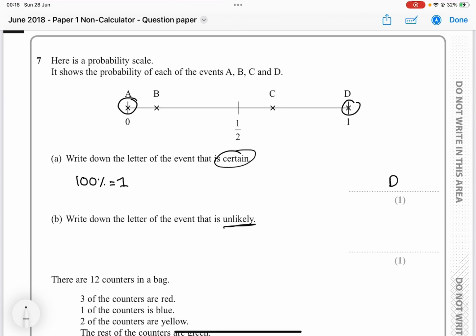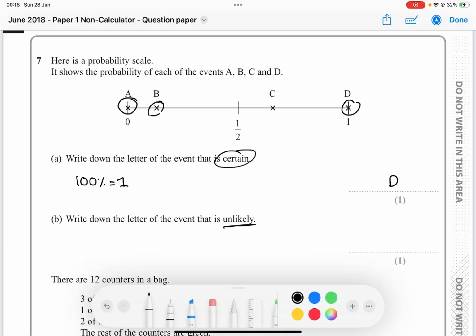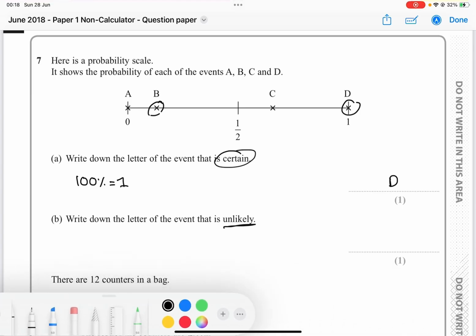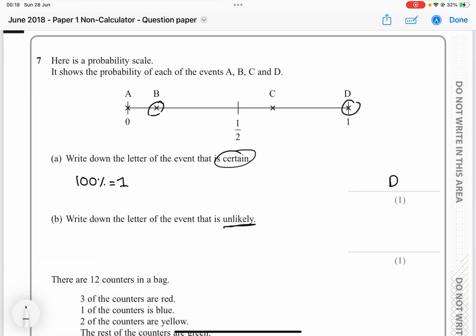It says it is unlikely. So it will still happen, it can still happen, but it's just unlikely. And that will be B, because B is the furthest away from 1, but it's not 0 either. Okay, so it's the lowest probability, which is not 0. 0 just means that it will never happen, but B means that, you know, there is a slight possibility that it can happen. So the answer is B.